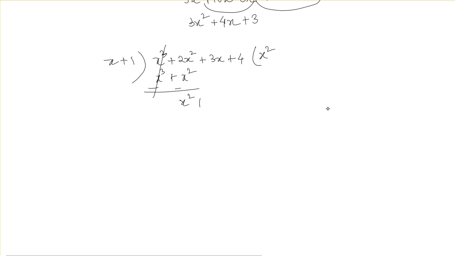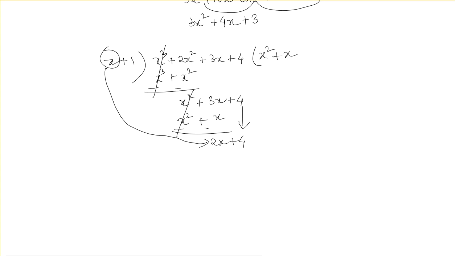It is x square plus 3x plus 4 now. Now we focus on this and this, so it is x times x, that is x square. Now x into 1, that is x, 3x minus x, that is 2x. We take 4 down. Now we focus on these two, so we have to put 2 here. It is 2x plus 2. When we subtract, we get 2 as a remainder, and this is our quotient. So this is division.